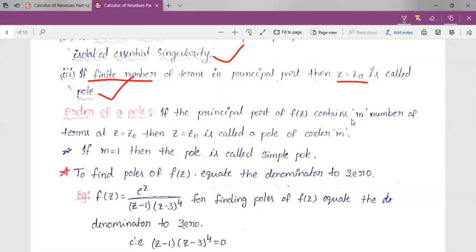On that finite number we consider m, so there are m terms in the principal part, and that m is called the order of the pole. If m equal to 1, then the pole is called a simple pole, or otherwise the pole of order 1. To find poles of f of z, we equate the denominator to 0. See the example.